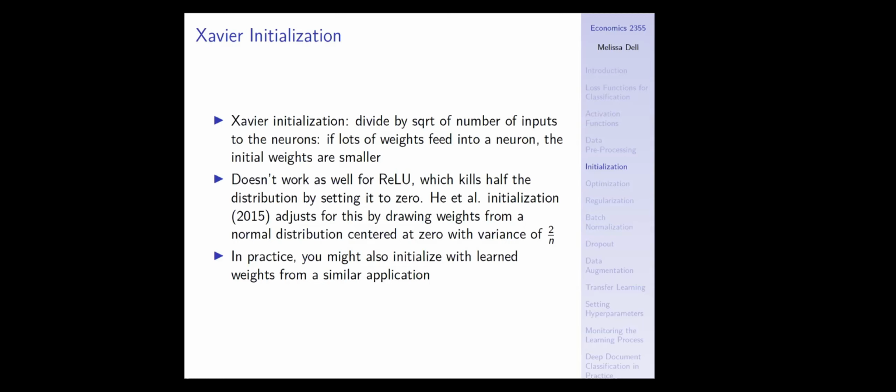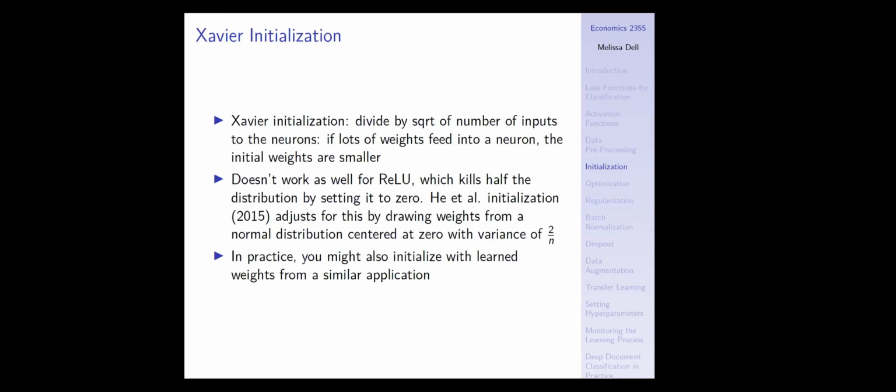So if a neuron is computed by taking the weighted sum of a lot of inputs, you'll scale down those inputs by square root of n. If the neuron only has a few inputs, the initial activations will be larger.